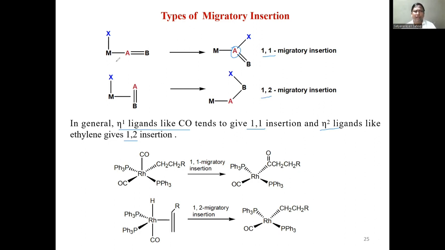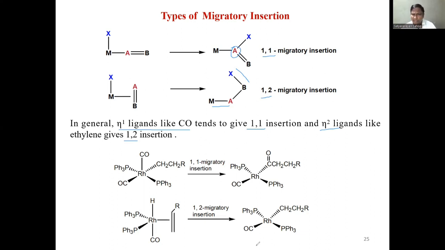Here, for example, we are having this A-X bond and A-M bond, and basically this is carbon monoxide. Now, here, let us say A is bonded to the metal and B is bonded to X. So the two new bonds which are formed are formed to two different atoms.